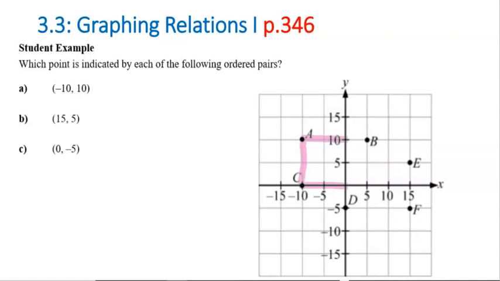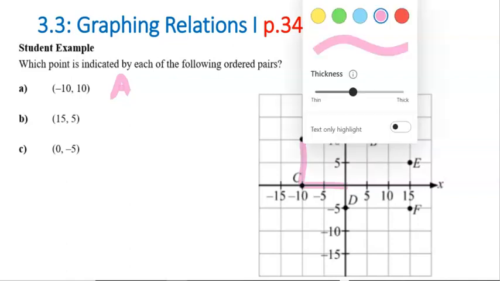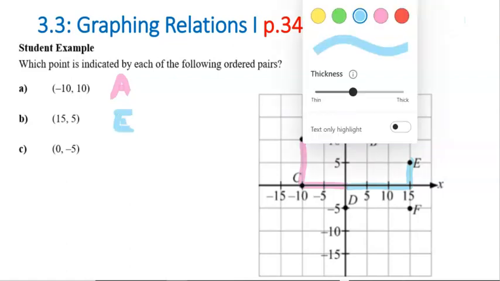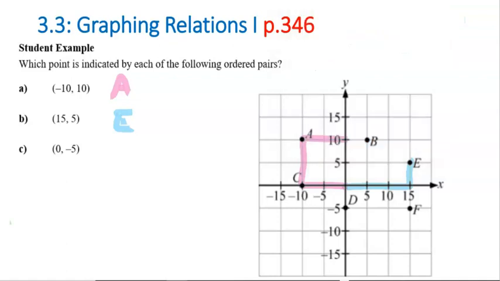So our plotted point there is going to be A. And then for our next one, 15, 5, we're going to positive 15 for the x and positive 5 for the y, that's E. And then our last one is 0 for x and negative 5 for y, so that's point D.